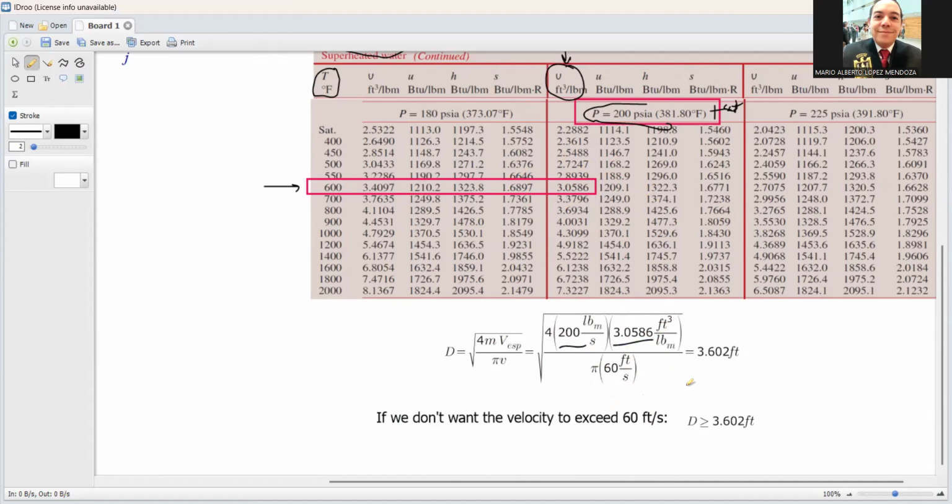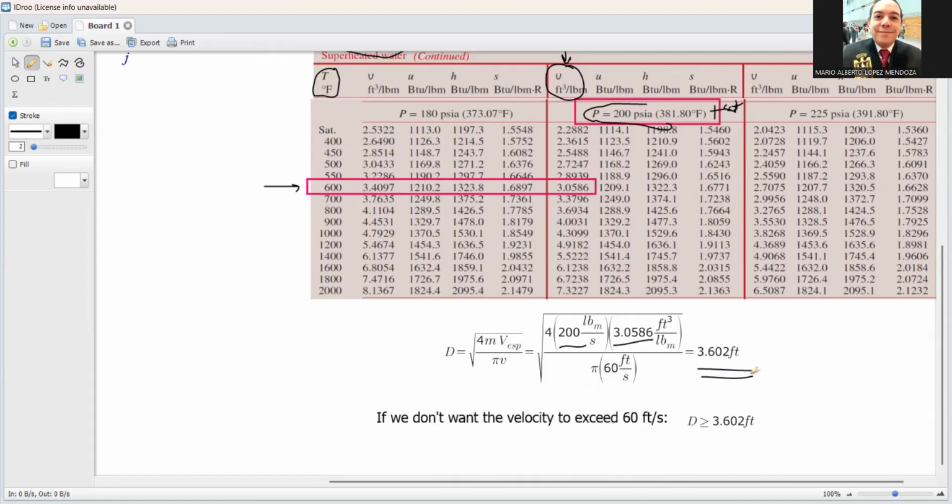If you do the operation, please check that the result is correct. It is 3.6 feet.